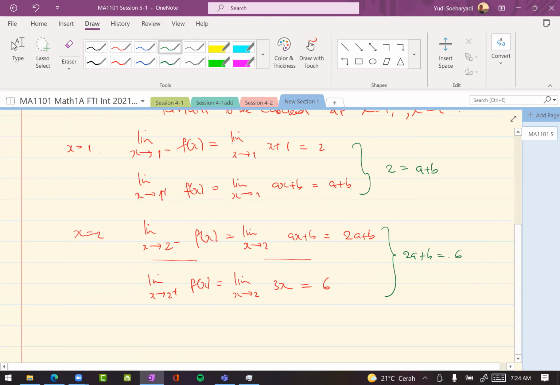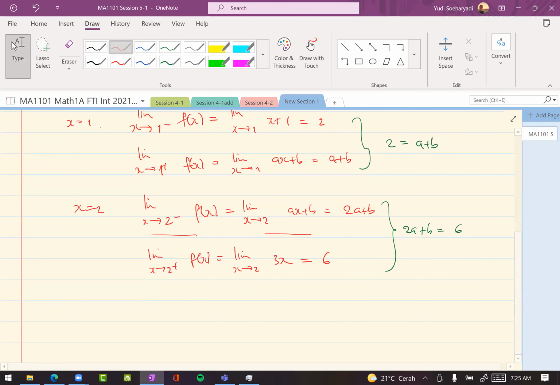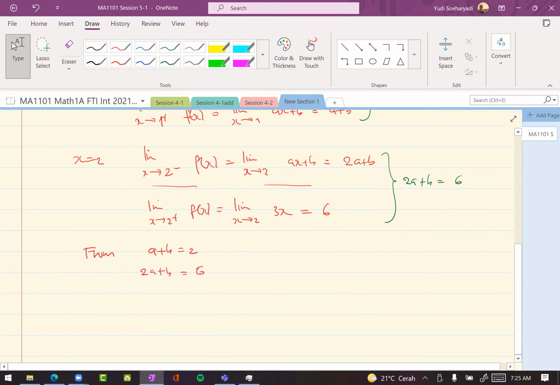So you see you have two linear equations with two variables, a and b. So you should be able to determine a and b from these two. From a plus b equals 2 and 2a plus b equals 6, how to solve it?